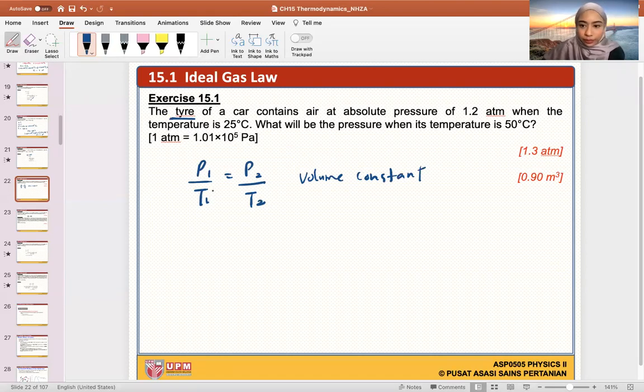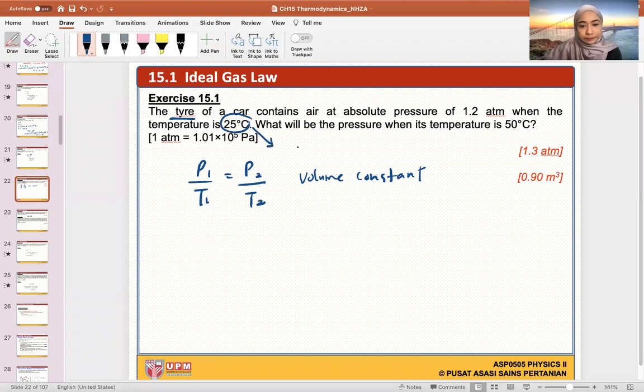Okay. So P1, Nurhan, please continue. Then I convert Celsius to Kelvin.